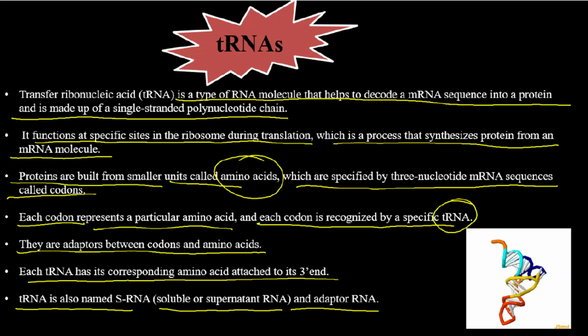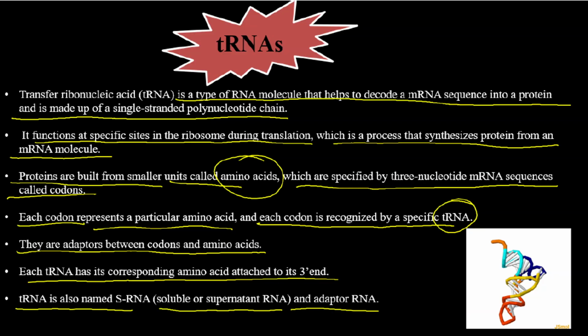tRNA, the transfer ribonucleic acid, is a type of RNA molecule that helps to decode an mRNA sequence into a protein and is made up of a single stranded polynucleotide chain. It functions at specific sites in the ribosome during translation, the process that synthesizes protein from an mRNA molecule. Proteins are built from smaller units called amino acids, which are specified by 3-nucleotide mRNA sequences, which we call codons.